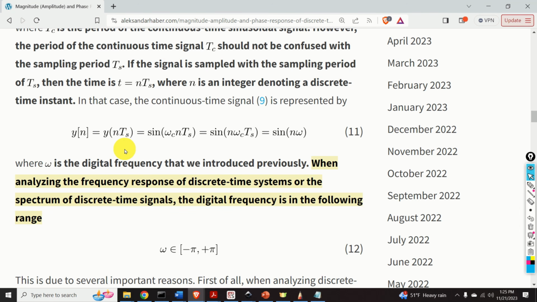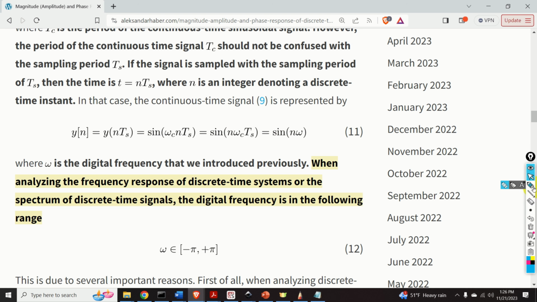If the signal is sampled with the sampling period of Ts, then the time is actually discretized, and we represent the time like this: t is equal to n multiplying Ts, where n is an integer denoting a discrete time instant. In that case, the continuous time signal is represented like this. y of n is equal to this. Over here, we substituted t with n multiplying Ts, and if we take n and put it in front of this expression, we finally obtain this expression.